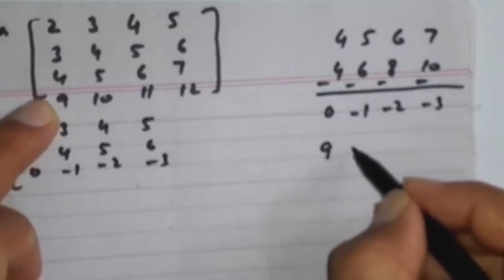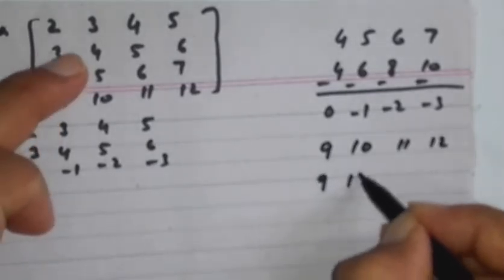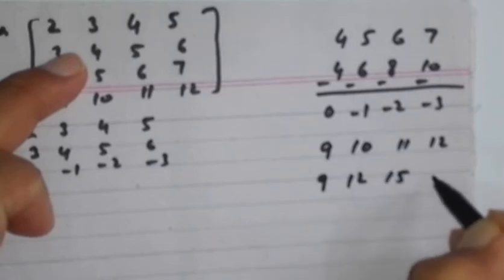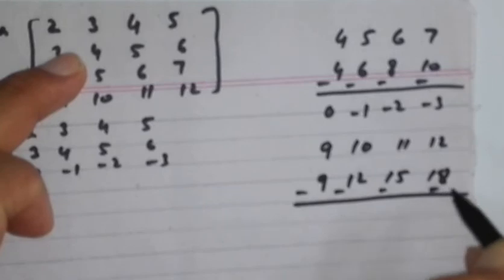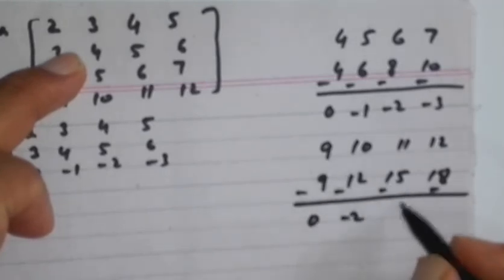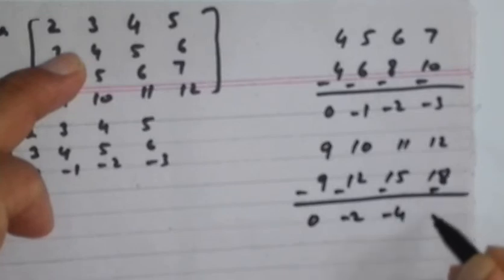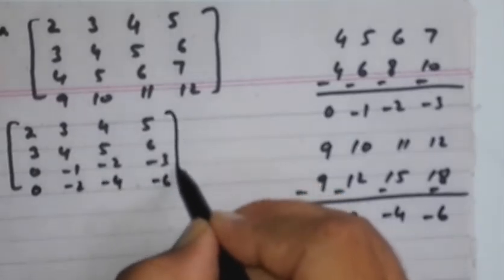So write it: 9 10 11 12, multiply it with 3. 3 3s are 9, 3 4s are 12, 3 5s are 15, and 3 6s are 18. Now change the sign. Here we get 0, here -2, here -4, and here -6. So it becomes 0 -2 -4 -6.